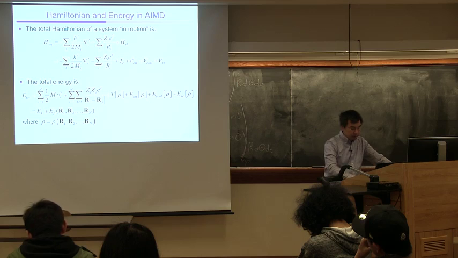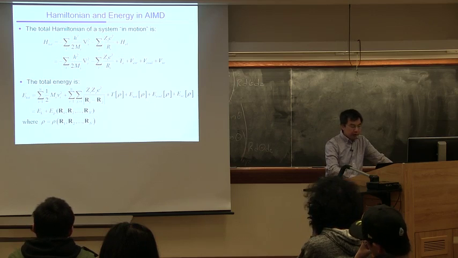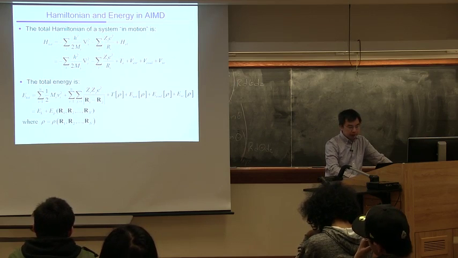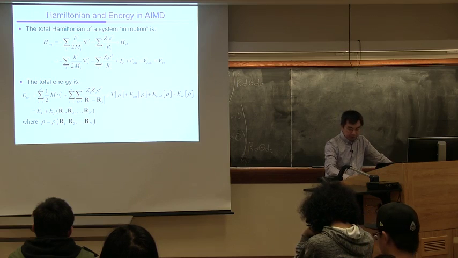Okay? So again, the wave function and the electron density are a function of the nuclei coordinates, right? And those effects all enter into the potential energy of the classical MD system.